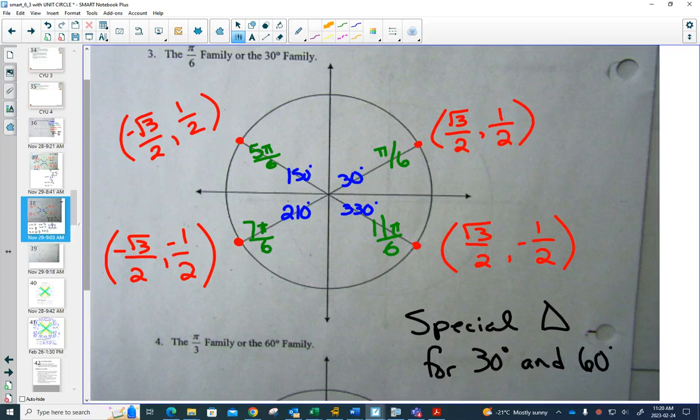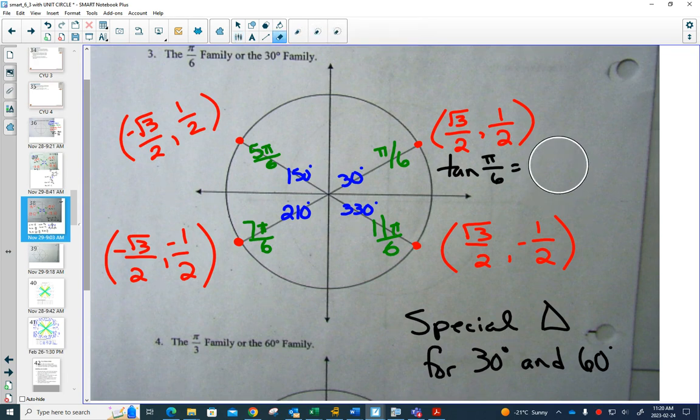And from my triangle, I can also write what tangent of 30 degrees or pi over 6 would be. Sorry, tangent of pi over 6 is root 3 over 3.